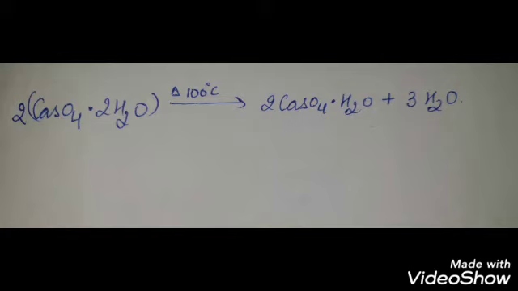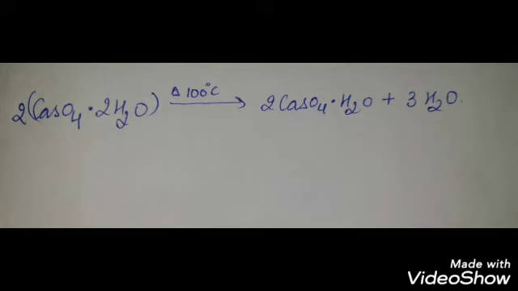Here 2CaSO4 means there are two molecules of calcium sulfate, and .H2O means there is only one molecule of water of crystallization. This formula clearly shows that two molecules of calcium sulfate share one molecule of water of crystallization.